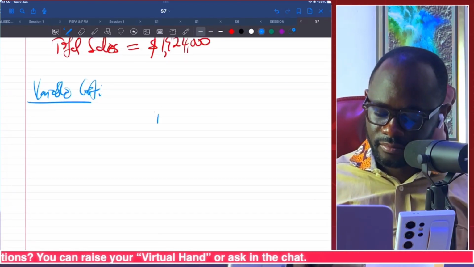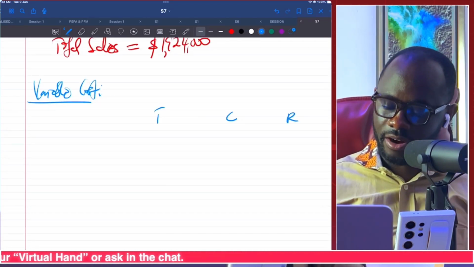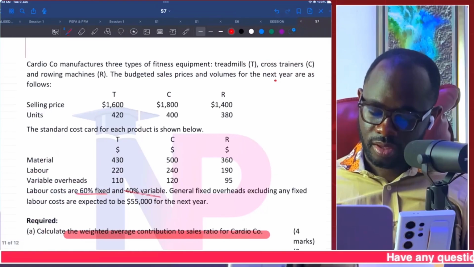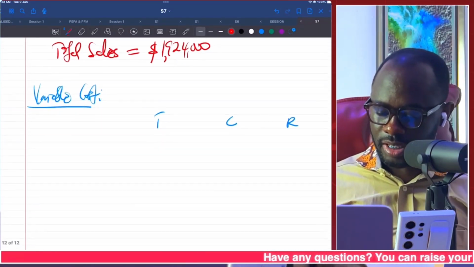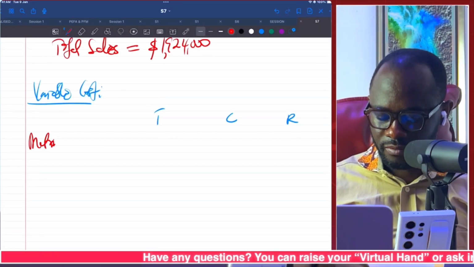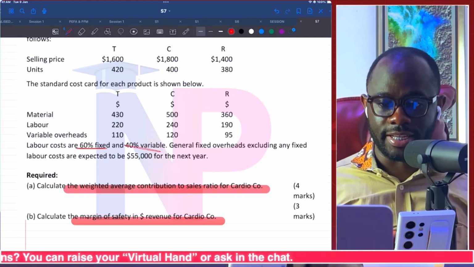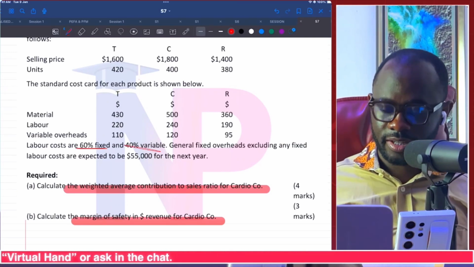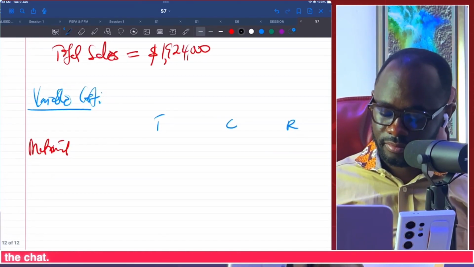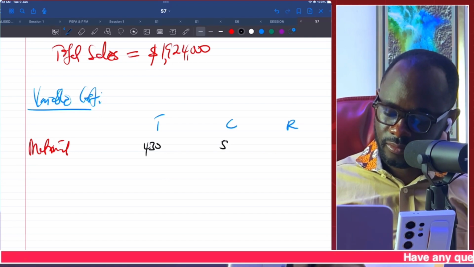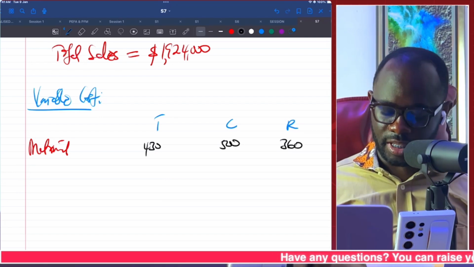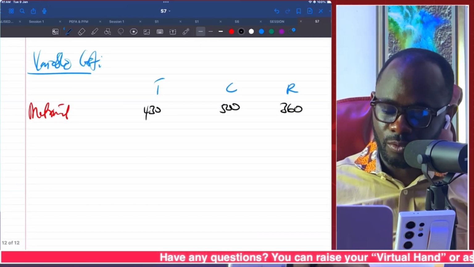So products A, B, and C. Material, let's bring material respectively: 430, 500, 360. That is material. Then we go to labor.